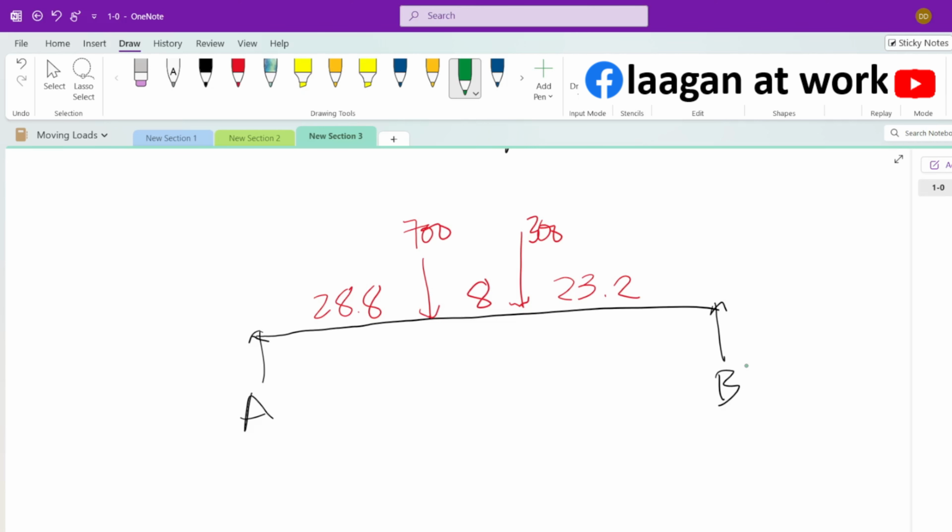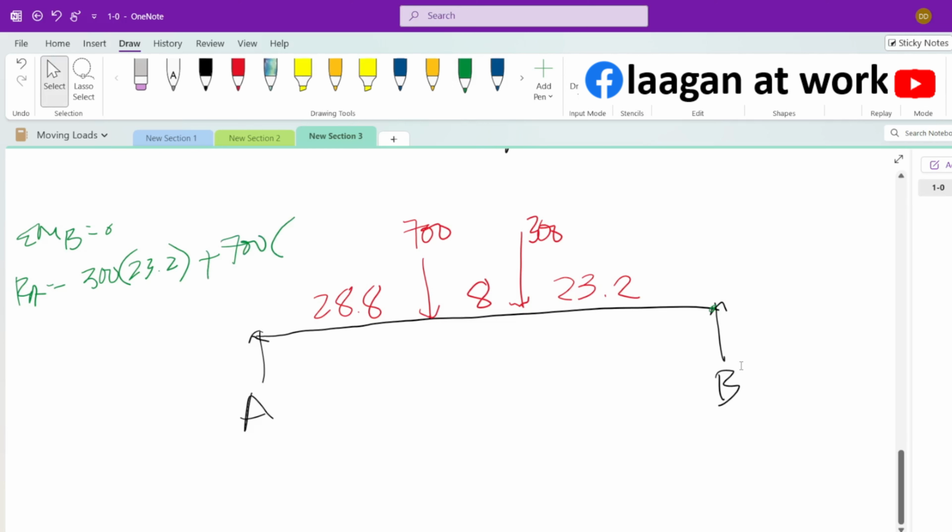So summation of moments at B, to get the reaction at A, is equal to 0. So RA is equal to 300 times 23.2 plus 700 times 23.2 plus 8, which is 31.2, divided by 60. So that is 300 times 23.2 plus 700 times 31.2 divided by 60.